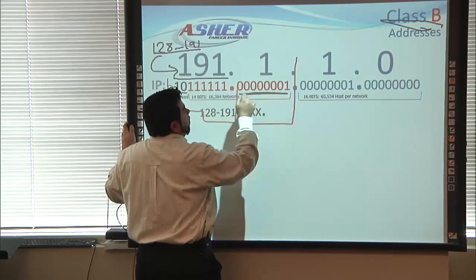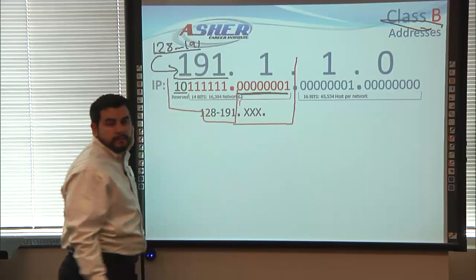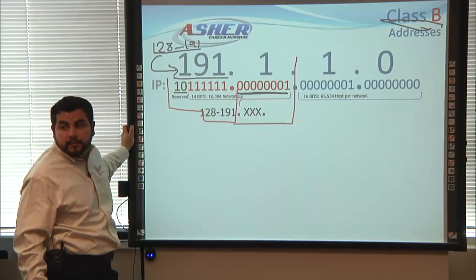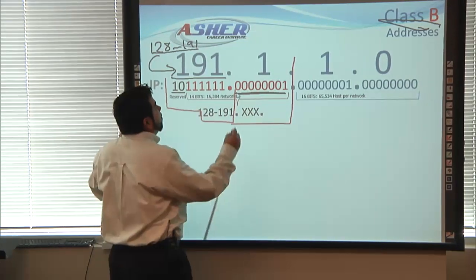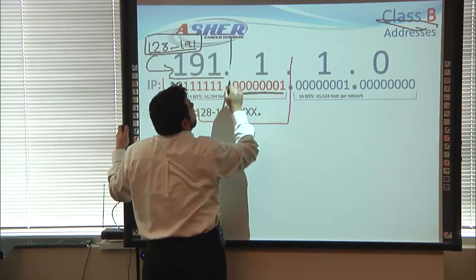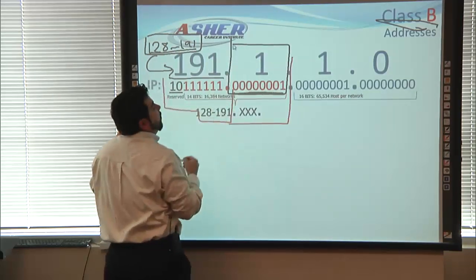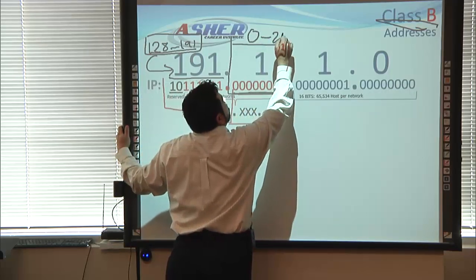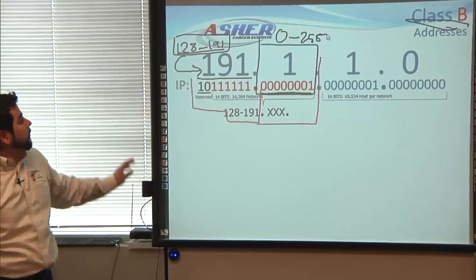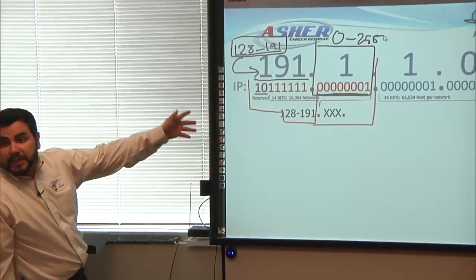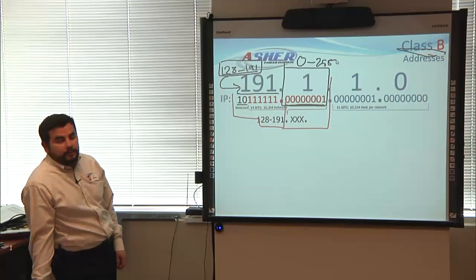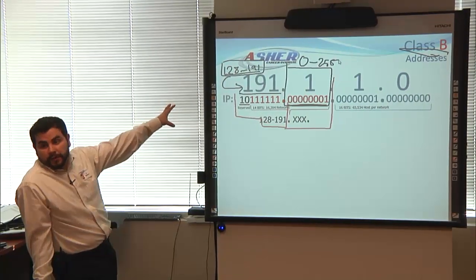Does this second number have to be within a range? No. It could be anything between 0 through 255. The first number does have to be within the range, but the second number can be anything. It could be 0, it could be 255, it does not matter, because the first number is the first way we identify it.